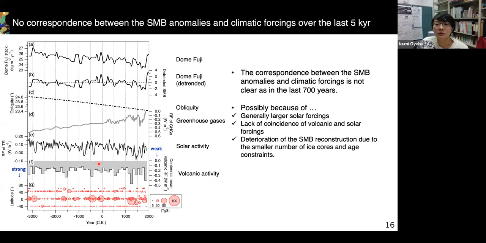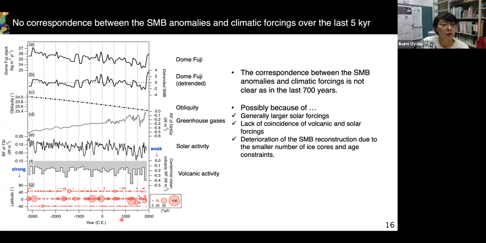So this figure shows the Dome Fuji surface mass balance trend, variability, and climate forcing for the last 5 kiloyears. The surface mass balance anomaly does not always correspond to weak solar activity or strong volcanic activity.